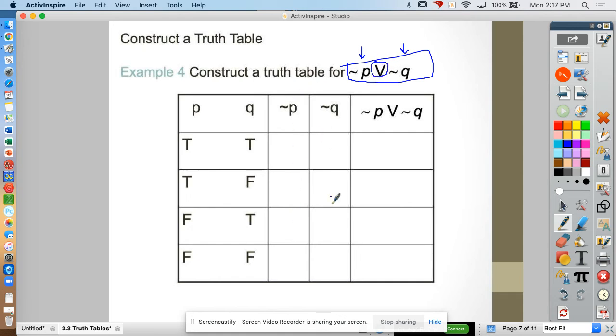So those are my 3 separate columns in my table. Negation of P is going to be opposite P. Negation of Q is going to be opposite Q. So as we fill those in, look at what we've done.